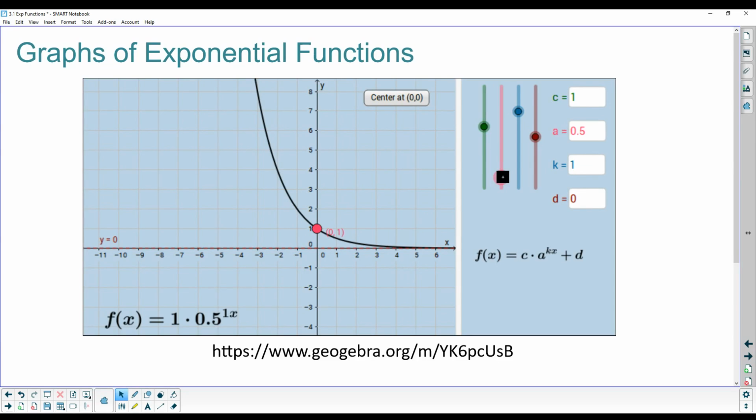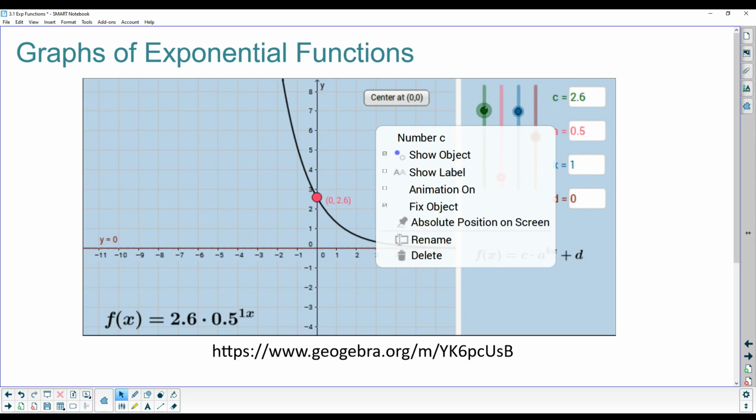You asked a second ago, does it always go through the point 0, 1? And the answer to that question is sometimes. Sometimes it always goes through, and sometimes it doesn't. If you change these other values, like if we put a multiplier in the front, it might change what that number is. That's a vertical stretch.